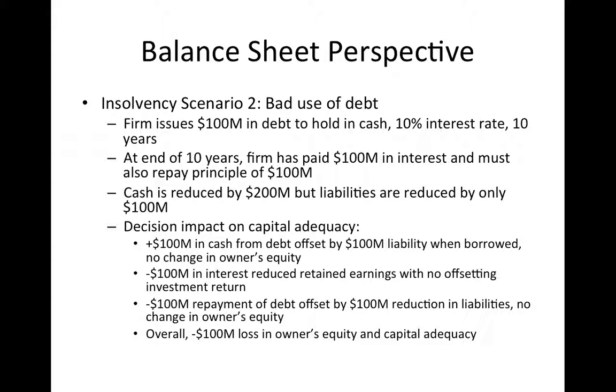But that raises the question: if I'm a company that can afford to absorb a $100 million drawdown in owner's equity without batting an eye, then why am I a company that needs to borrow $100 million just to put in a cash account? What's going on there? So usually you see this kind of behavior with companies that are very cash strapped. They don't have $100 million to spare.